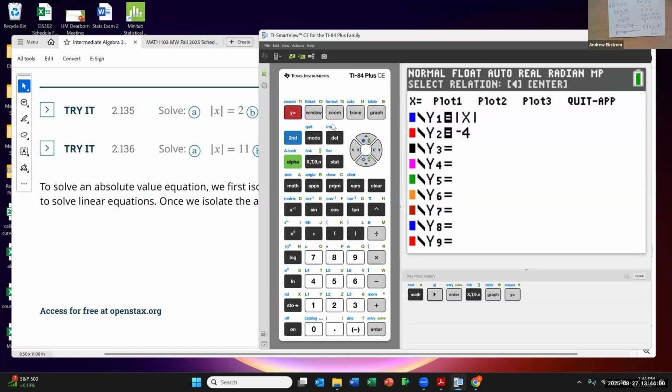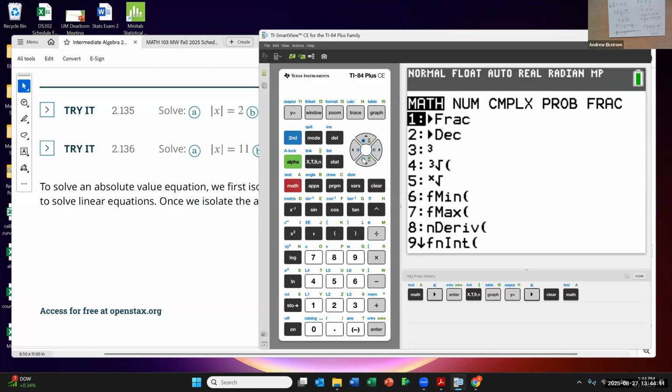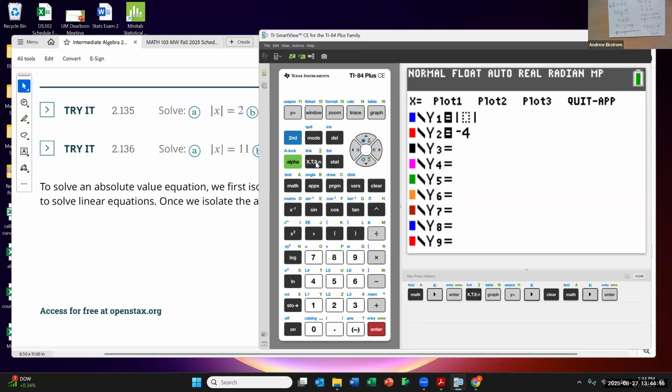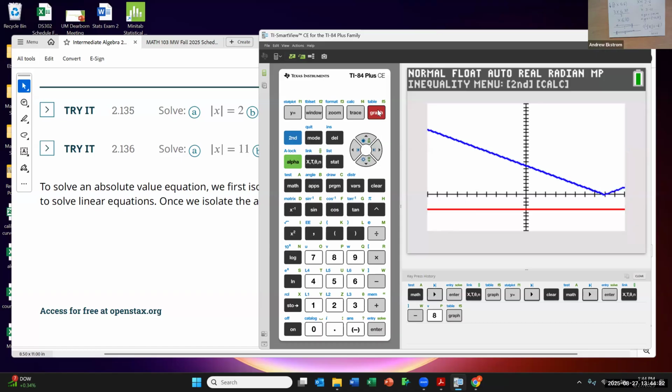When we're graphing these things, and this is going to be something that comes up eventually anyways, let's say I need the absolute value of x minus 8. So I can go to math, number, absolute value, then do x minus 8, then graph that.